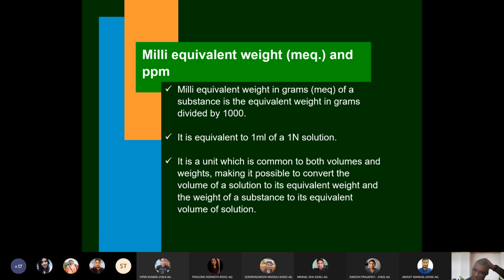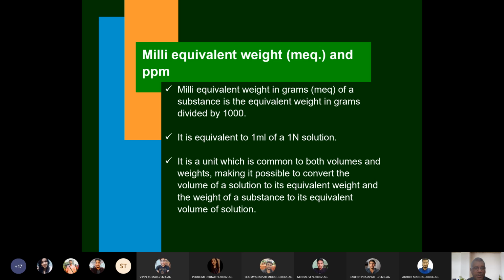Now we go to the milliequivalent weight. Milliequivalent weight, as the name suggests, is one thousandth part of the equivalent weight. And ppm also, we'll see what is ppm. So milliequivalent weight in grams of a substance is the equivalent weight in grams divided by 1000. It is equivalent to 1 ml of a 1 normal solution.